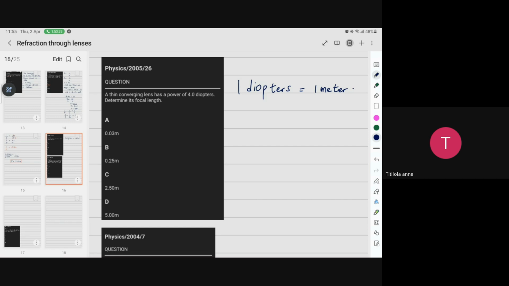Titi is solving as well. 0.25, okay? Another person that agrees?